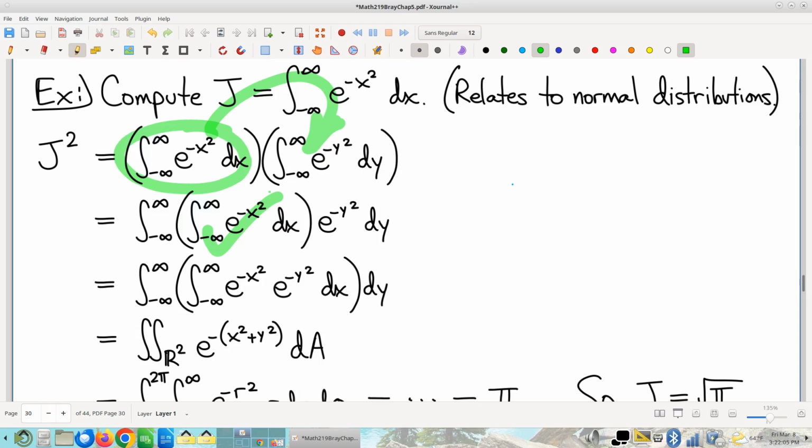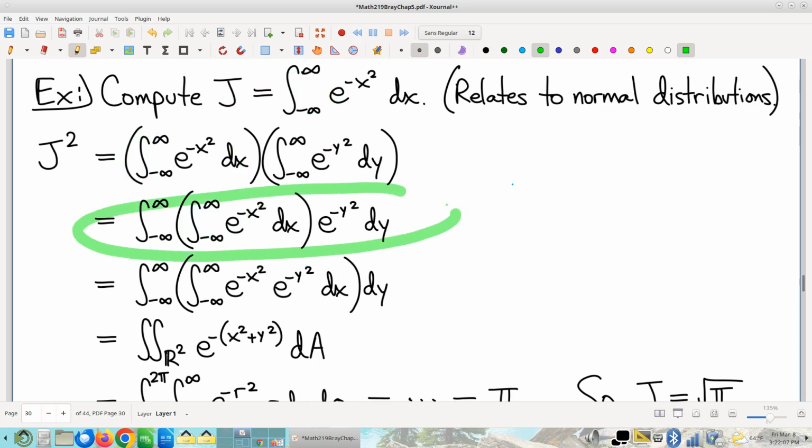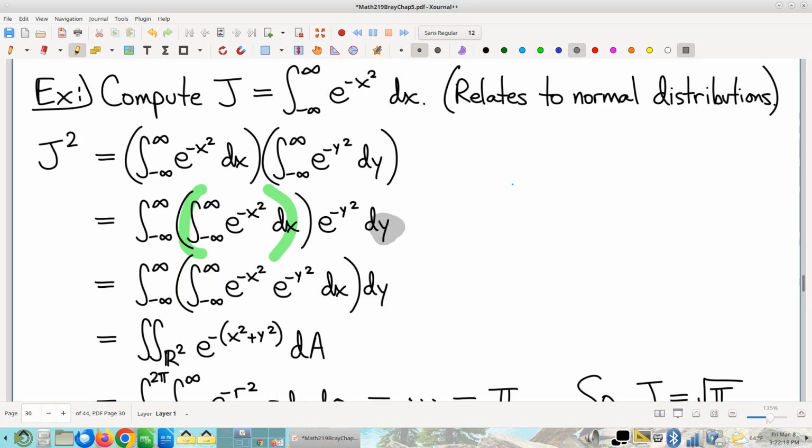Okay, now the result is an iterated integral. Now let's recall, when you're doing an iterated integral, the integral on the inside, as far as it's concerned, the outside variable is a constant, and therefore, with y being constant, then e to the negative y squared is a constant.